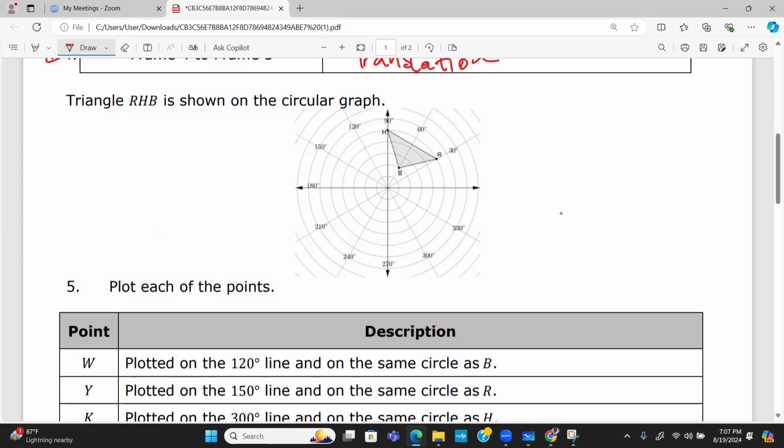In question 5, it says the triangle RHB is shown on this circular graph. So we're looking at that circular graph. What we're required to do is to plot each of the points.